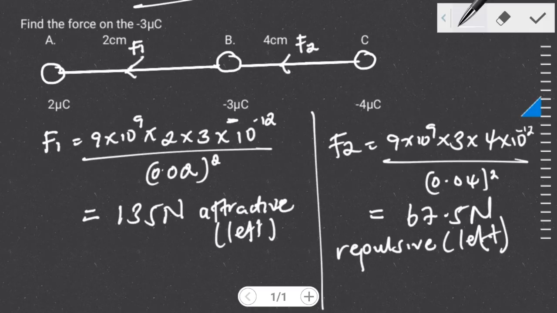And therefore, if they are both repulsive, they are both moving in one direction.